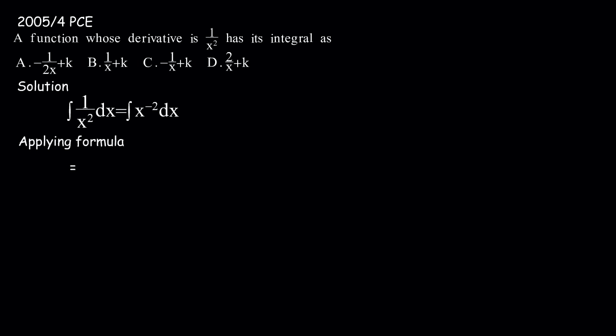Applying our integration formula, it becomes s to the power of minus 2 plus 1 divided by minus 2 plus 1 plus our constant, which is k. And simplifying further, it will be equals to s to the power of minus 1 divided by minus 1 plus k. Simplifying, it becomes minus 1 over s plus k, and the correct option is C.